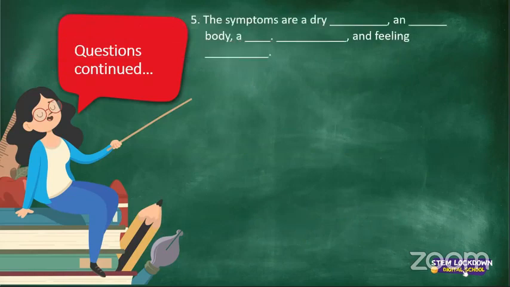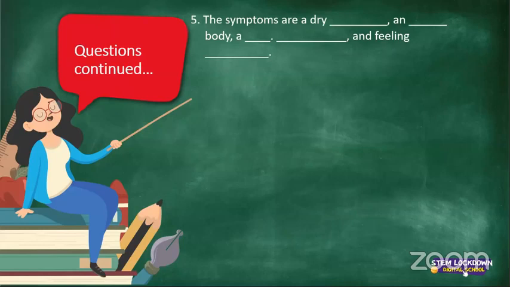Now this is a hard one. There's 1, 2, 3, 4, 5 words missing. The symptoms are a dry something and something body, a something, something, and feeling something. That's a hard one. A dry cough. What else? I'm watching the chat box to see if any others come up. Any other symptoms?